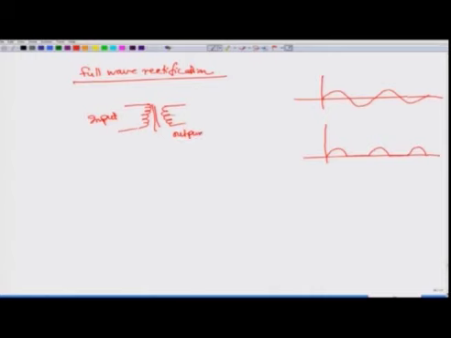And if you have a point at the center, you have 3 leads, one coming from the top, one coming from the center and one coming from the bottom, the 2 edges of the coil. This kind of transformer is known as a center tapped transformer.